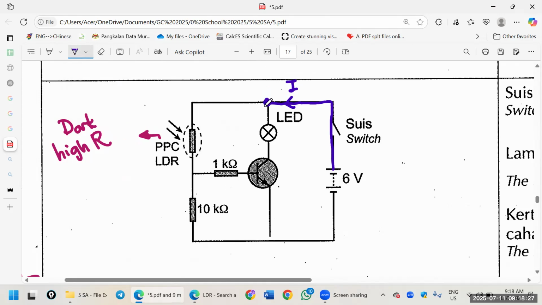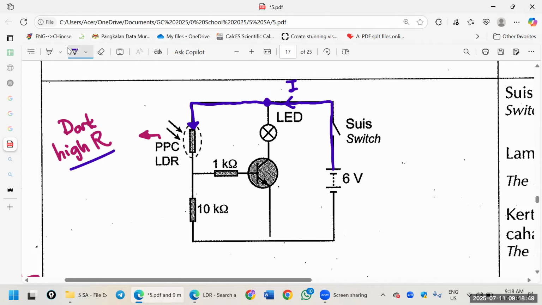It cannot go down because there is no IB yet. So first of all, it will go straight. Then when it reaches here, compared to this one it will be too high, so it stops here.